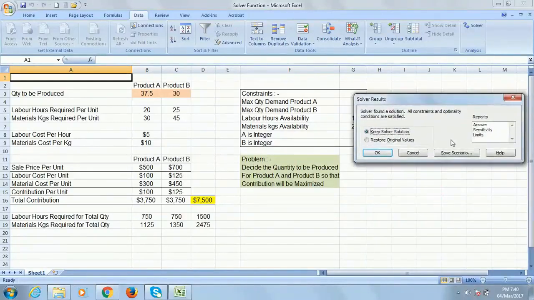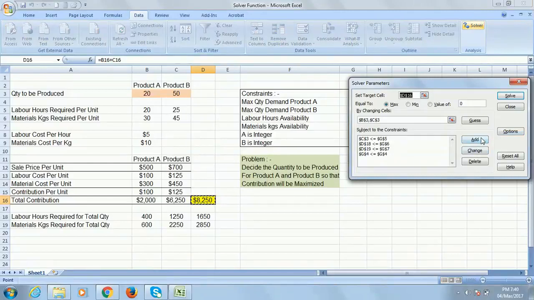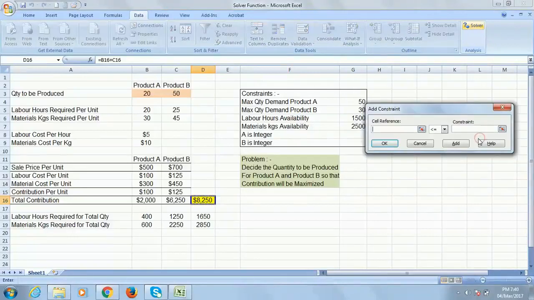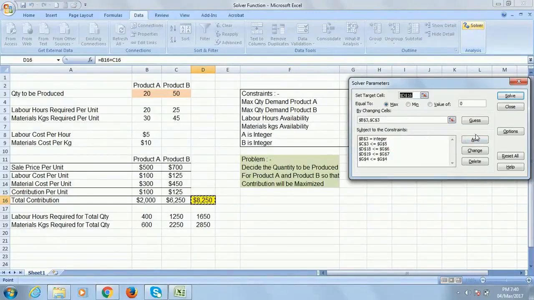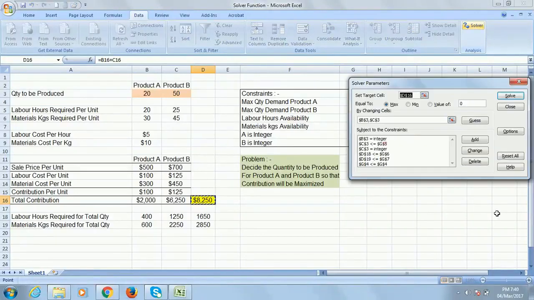So I'll add one more constraint, that this is integer, this is also integer.